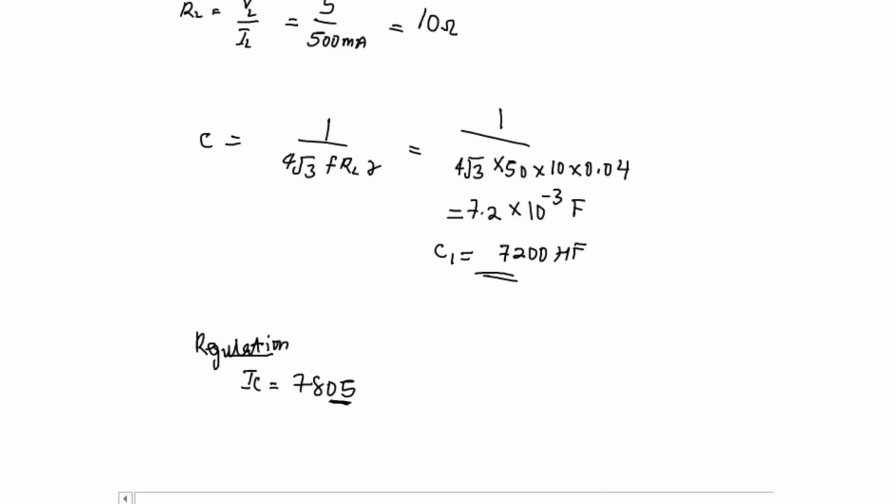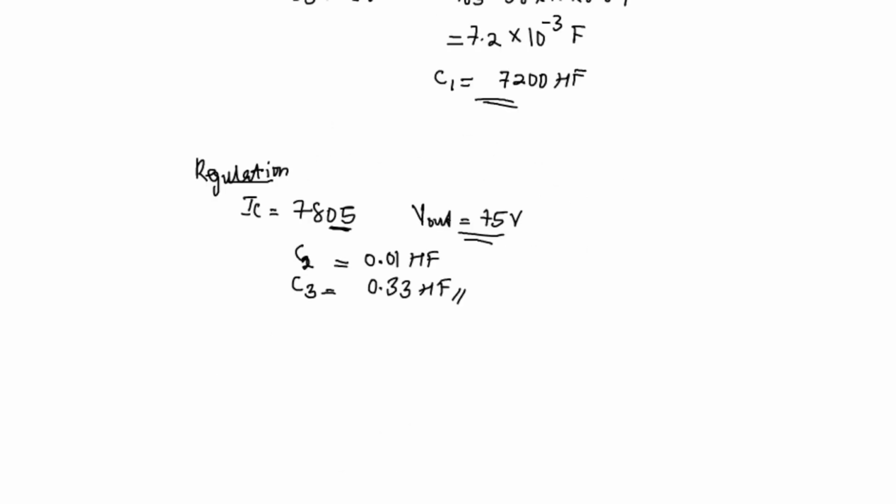So for 7805, this means our output voltage is a positive 5 volts. C2 and C3 are as specified by the manufacturer of the ICs, and C2 is given by 0.01 microfarad and C3 is 0.33 microfarad.